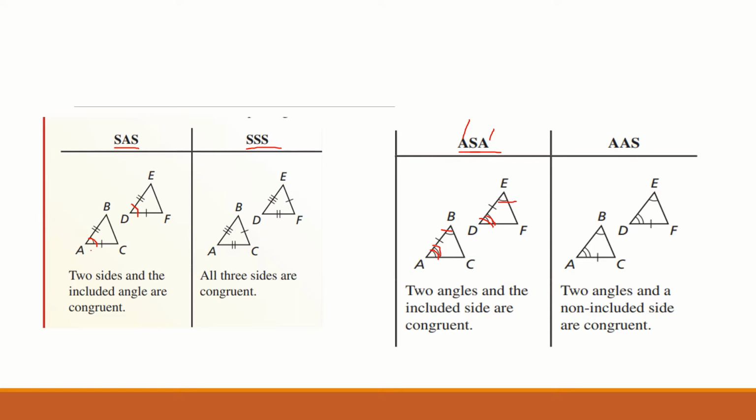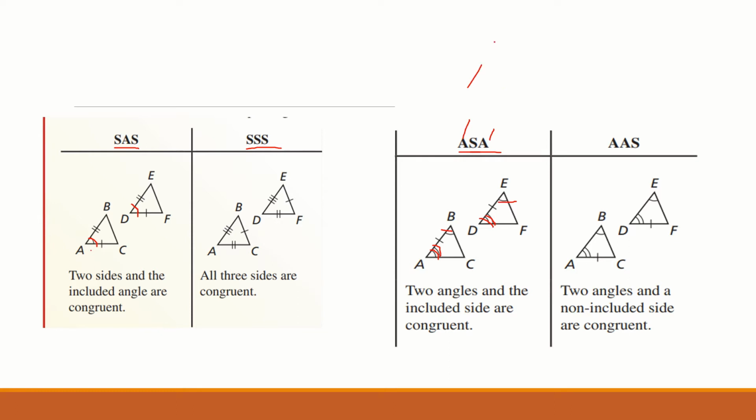Therefore triangle ABC is congruent to triangle DEF. Included side, hindi pwede na yung side BC kasi wala siya sa gitna ng angle A at angle B. So hindi din pwede ang side DF kasi hindi siya sa gitna ng angle D at angle E.